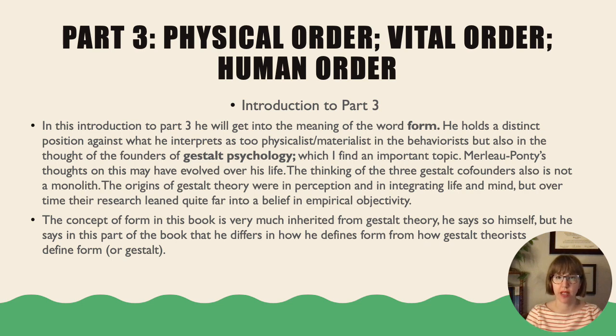But Merleau-Ponty basically says that they were too concerned with empiricism and objectivity. And I think that is a very valid criticism, though it's one thing to ask, was that central to their theory? Is he leveling critiques at them that go to the heart of their theory itself? I don't know if he himself would say that, because I think he says that it is their very theory that inspires him, and that they just didn't go far enough in their theory of form.